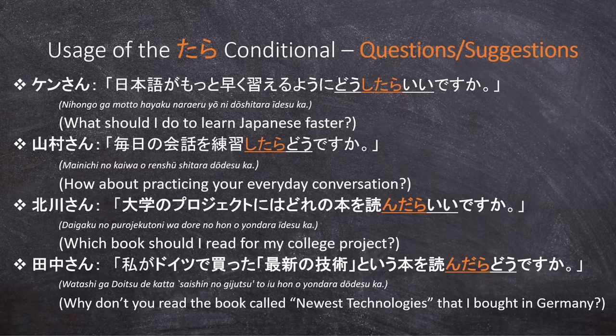Now I know that this seems a little bit complicated, but with enough practice and enough examples covered, you will get fluent in it. So for now, always remember that when you are forming a what should I do question, it usually follows the doshitara ii example. However, if you have a specific verb and a specific request that you are making, something similar to our second example, you should always watch out for how to position all of those pieces of that construct, or if you need them all, like in the case of dore no, which.